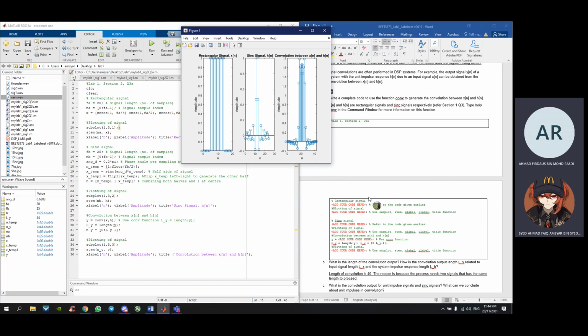The first one is the rectangular signal, the second one is the sine signal, and the third one is the convolution between Sn and Hn. The rectangular signal has 20 samples, same as the sine signal, and the convolution also has 20 samples.